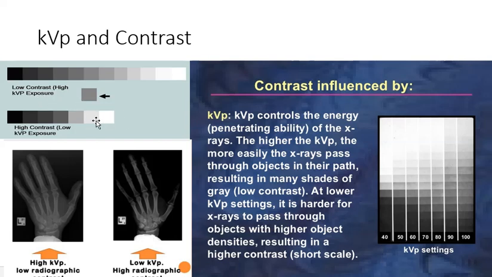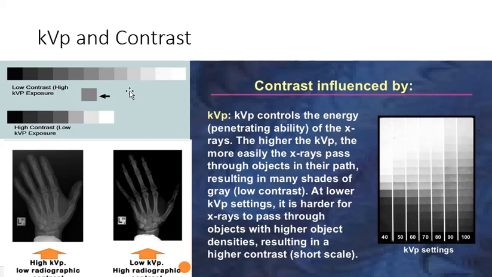So this step wedge utilizes low kVp, and we've got very dark density here and a very light density there. If we count the light and the dark and all the steps in between, all we see is 1, 2, 3, 4, 5, 6, 7 steps. So we have a narrow range of contrast, a short scale contrast.